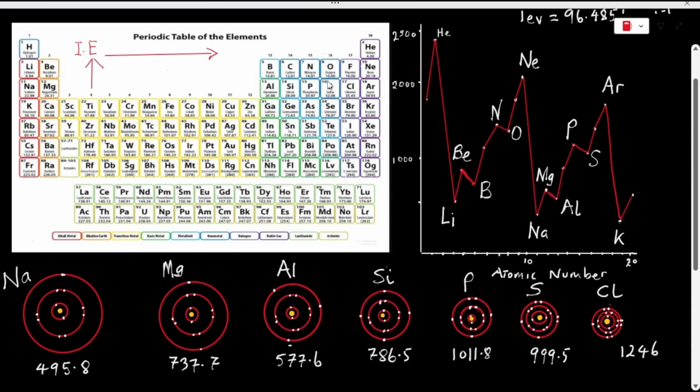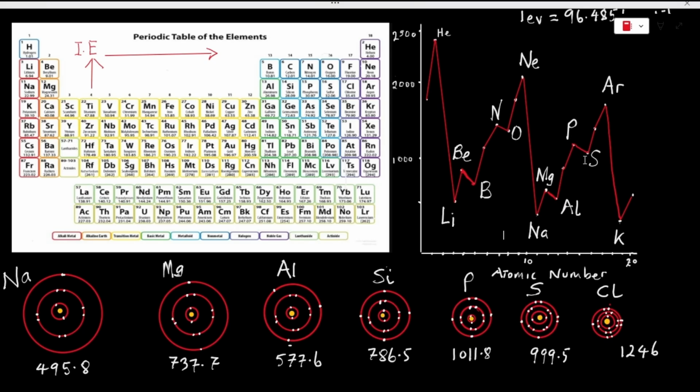As you can see on the graph provided to my right here, you see beryllium and boron showing exceptions, and we see nitrogen, oxygen also showing exceptions on the second period. We see magnesium, aluminium showing this continuity here, and phosphorus and sulfur also showing an anomaly.